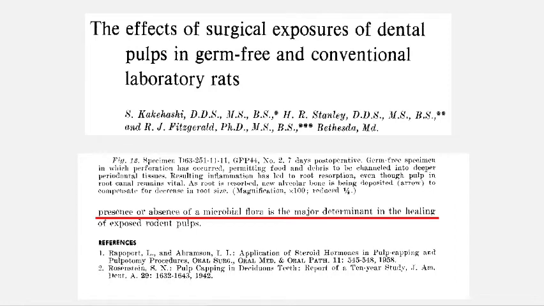Basically this study is a very classical study in endodontics. يعني هي where they proved أو Kakehashi proved إنه in order to have apical disease, in order to have the endodontic disease, you need to have microbes.